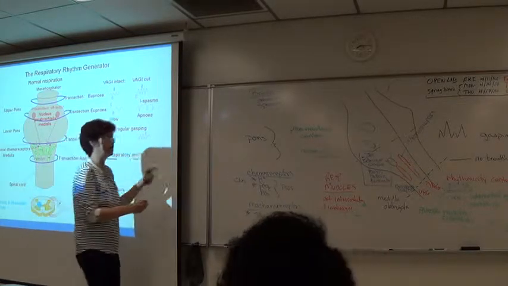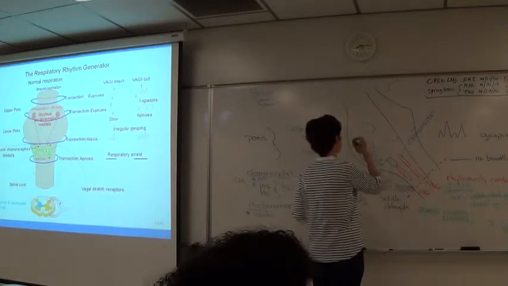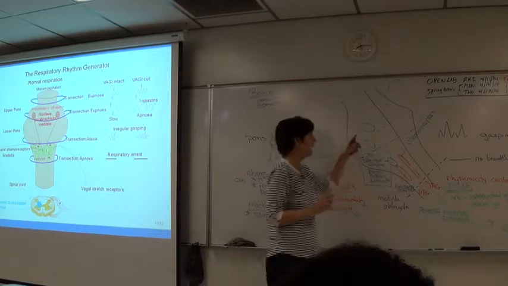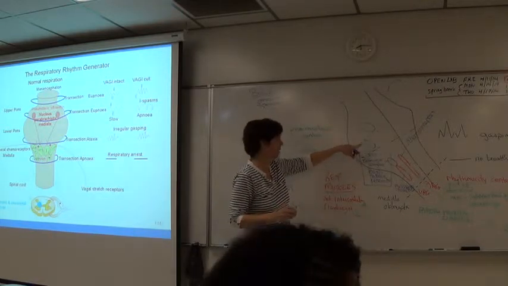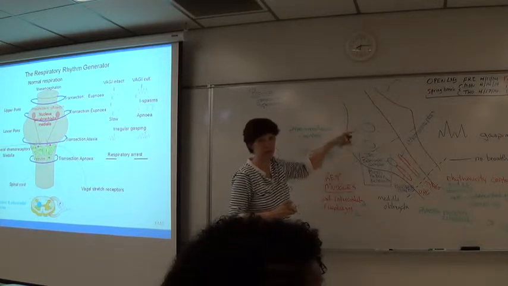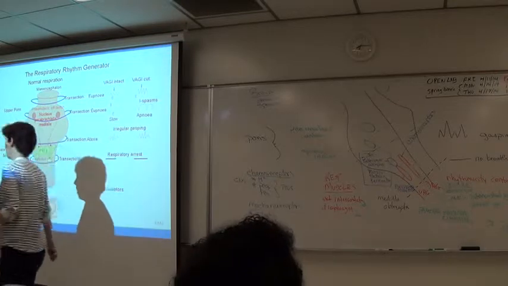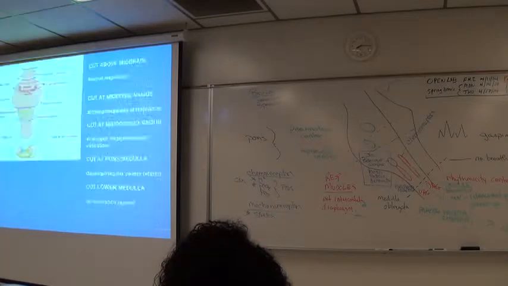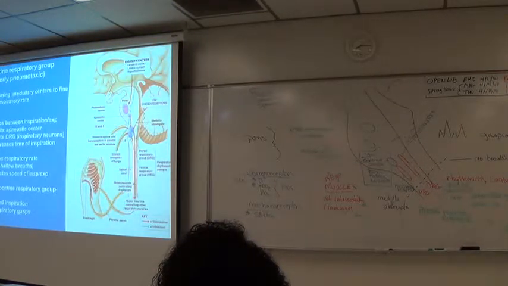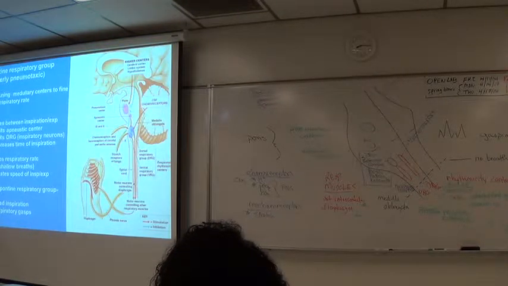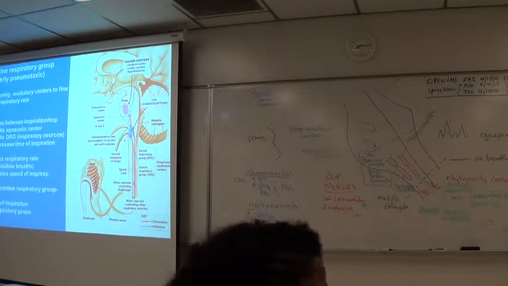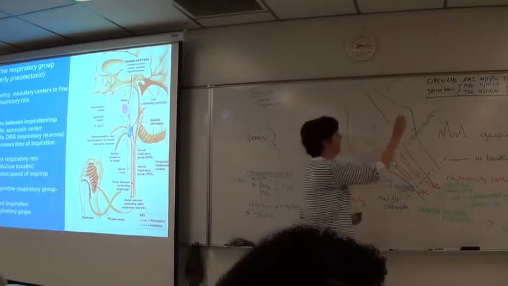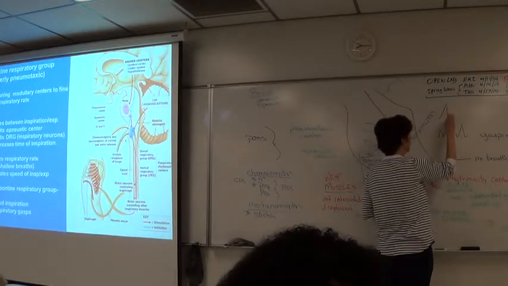And if we don't have the pneumotaxic center, right, we still have the apneustic that's going to keep us breathing, but if we don't have the pneumotaxic center, recall this previous slide, we would have the prolonged inspiration with short gasping. So we'd still be gasping. Would it be like this?